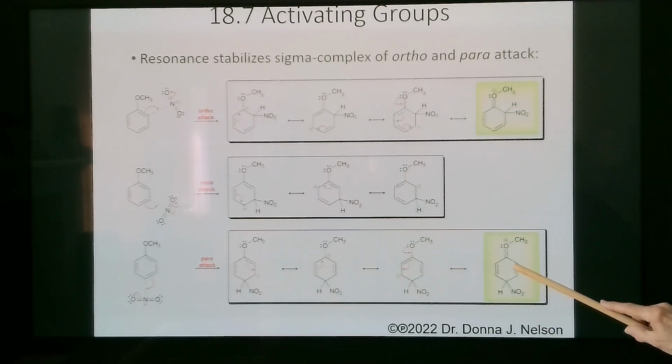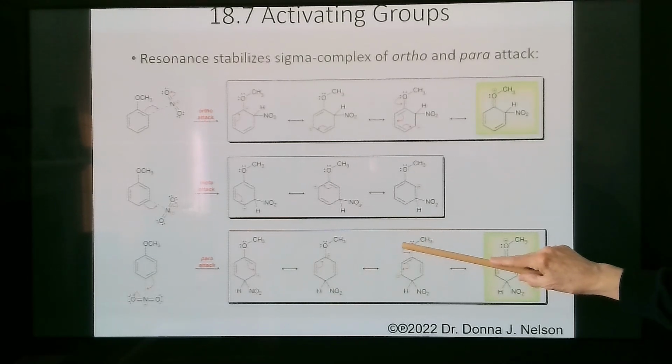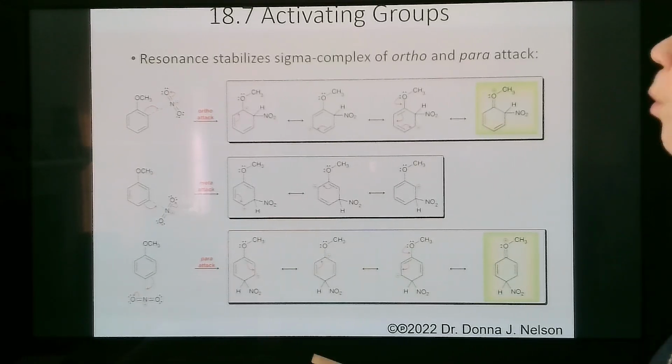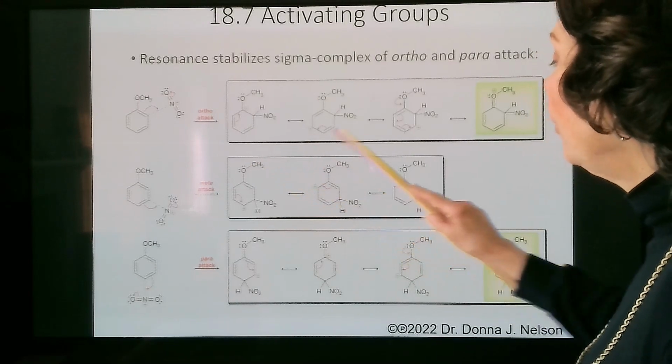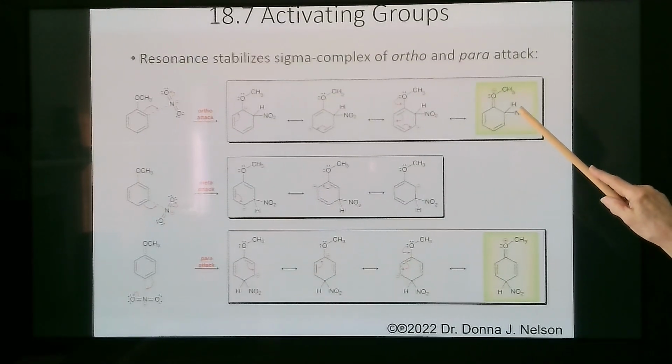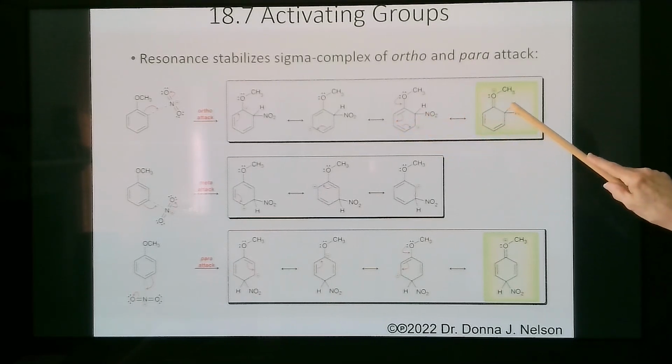And a similar situation here. The pair of electrons can be donated into the ring and the positive charge can be moved out onto oxygen. And so you can see why the methoxy group is stabilizing for the sigma complexes.